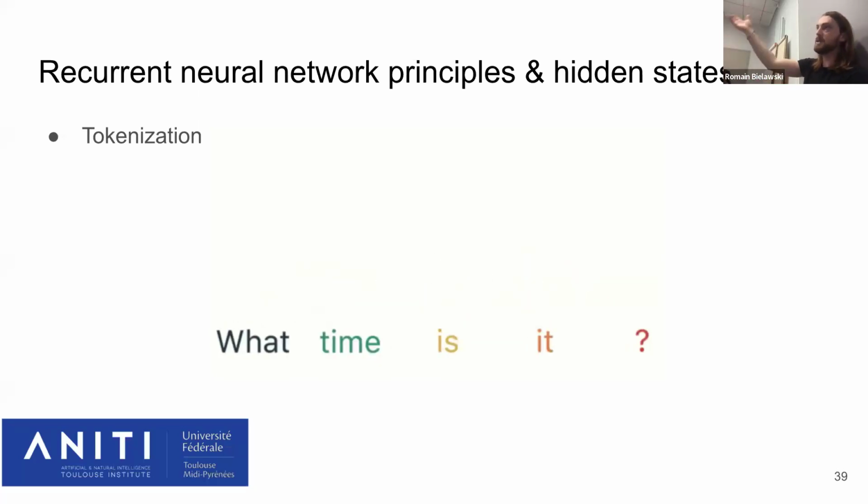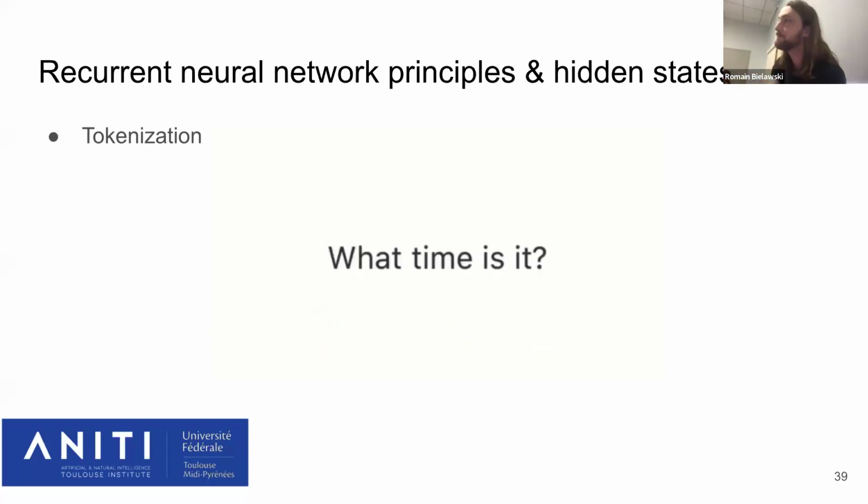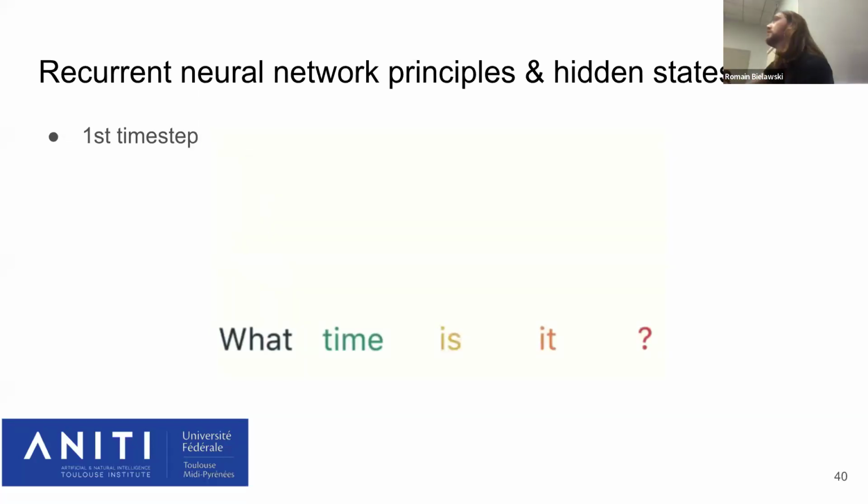Anyway, here our tokenization is super simple: each word is going to be a token. And this token is going to be turned into a one-hot encoding, as I've shown in the beginning, a vector with all zeros and a 1 at the position of the word in the dictionary. This input is going to be fed to the network, and the network is going to encode it like a standard word2vec.